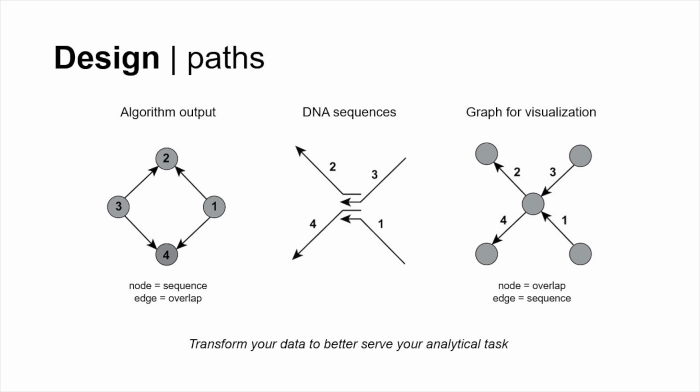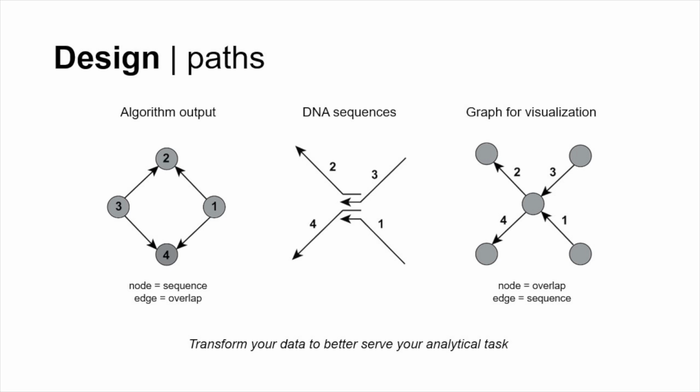And so in that representation, the edges are now the sequences, and the nodes are just the places where they come together and overlap. So I can follow this graph of sequences and just follow those edges along. And I get a much better one-to-one mapping with how you would normally draw that. So that made the graph much easier to understand.